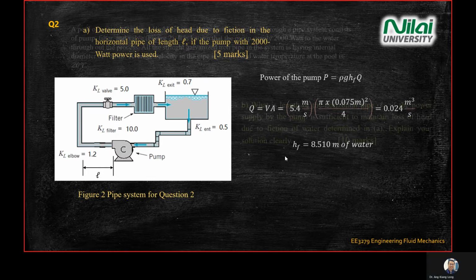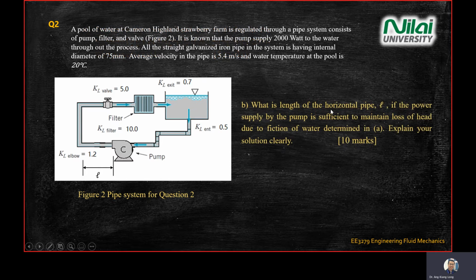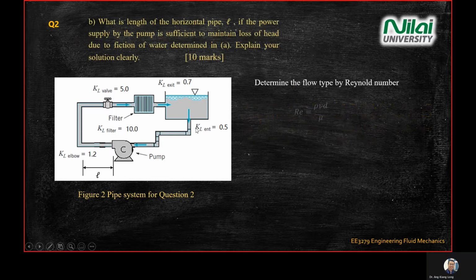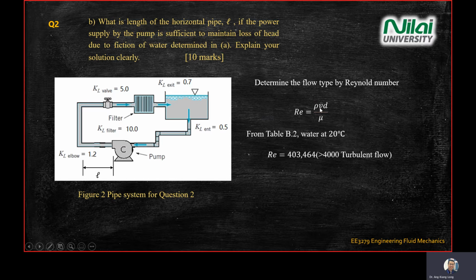Quite straightforward. Yeah. Section B asks you what is the length of the horizontal pipe here, right? So it asks you what is the L value if we use the pump of this one. We only consider this section L here, right? So again, you need to determine the type of the flow inside here. You calculate by using the Reynolds number given by this equation. And you know that, how do you find all this rho value, right?